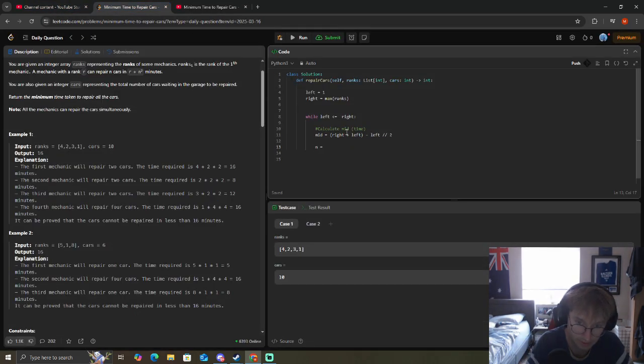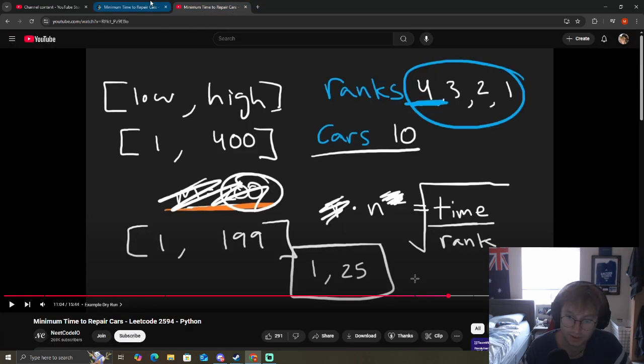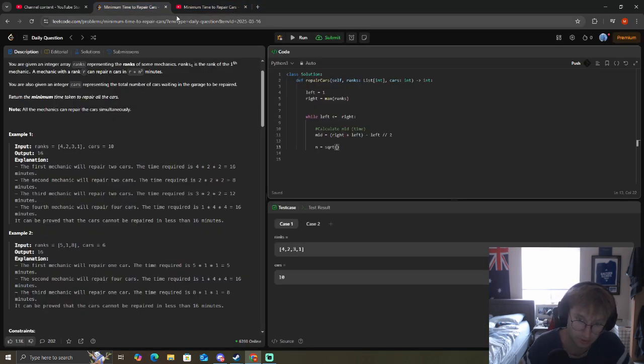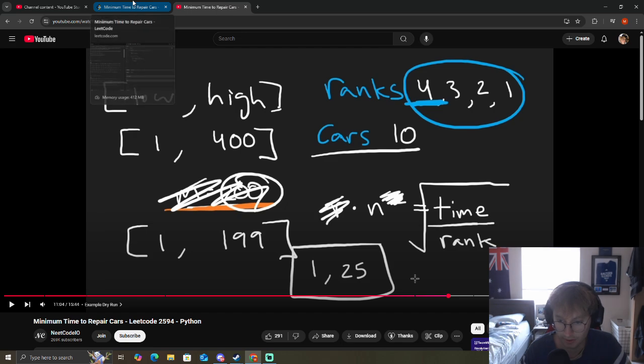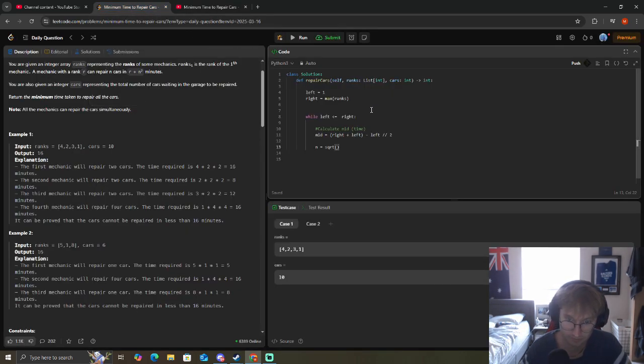Our n is equal to, in this case, the square root of, I think it's mid over rank. This is Python 3, so I think we need the double.